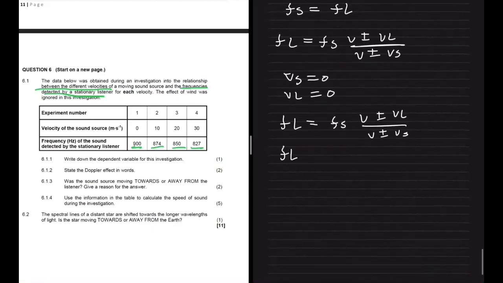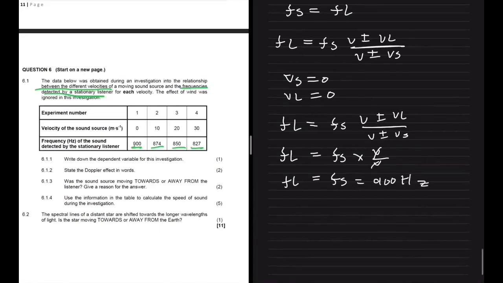So we end up with FL equals Fs multiplied by (V plus or minus 0) divided by (V plus or minus 0). These just cancel out, so FL equals Fs. So the frequency emitted by the sound source is 900 Hertz if you look at experiment 1 and pay attention to details.